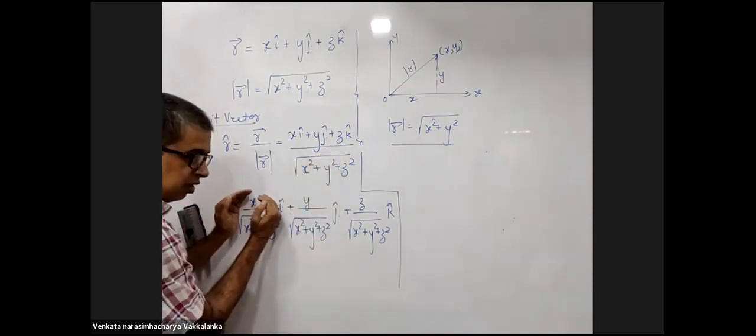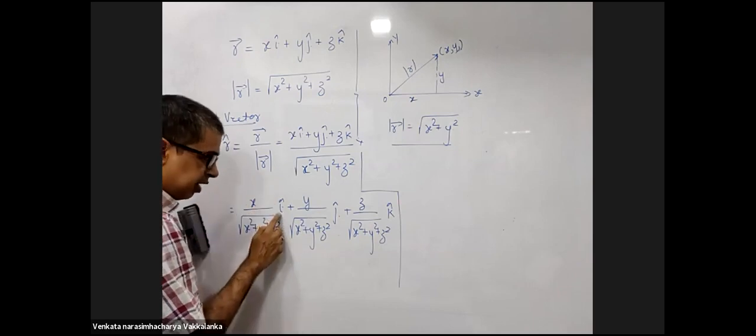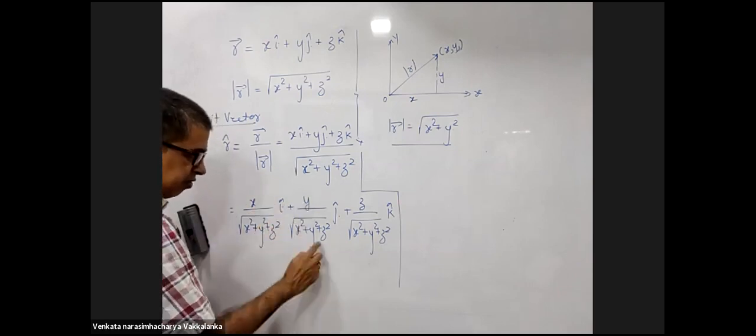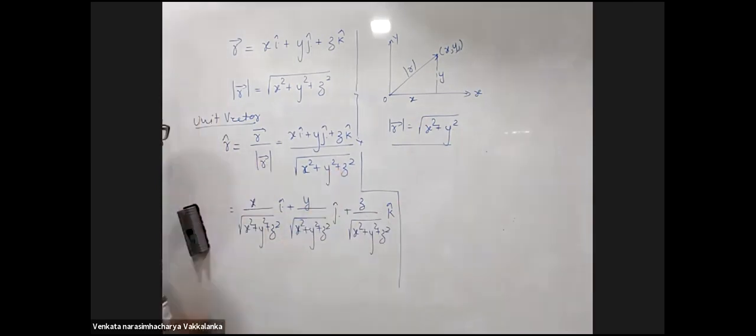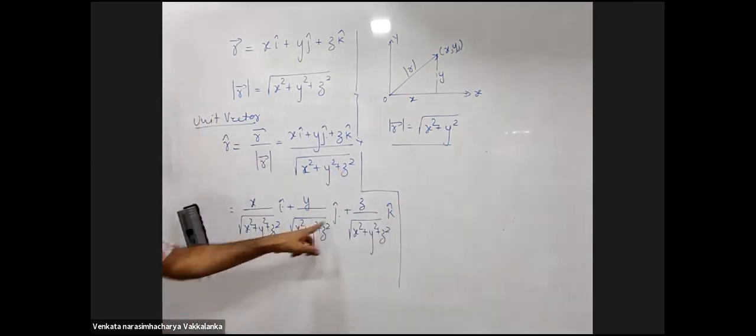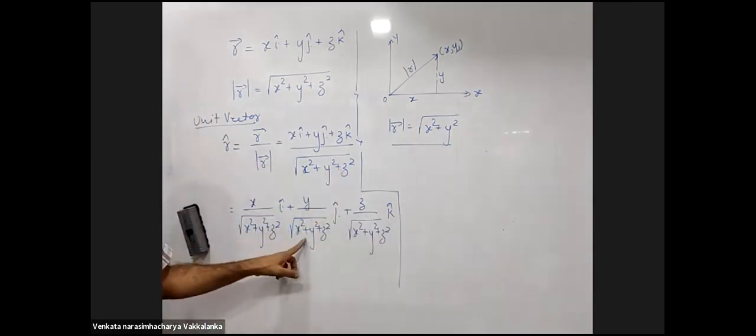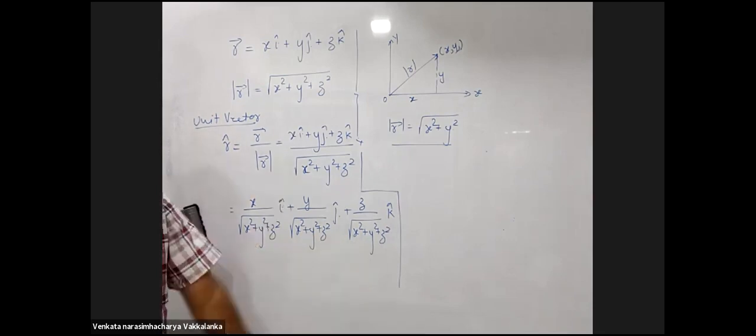This is the magnitude of the vector along x-axis, along y-axis, along z-axis. If you find the magnitude, root over of this square plus this square plus this square, it will turn out to be 1, as this is a unit vector. Okay, thank you, sir.